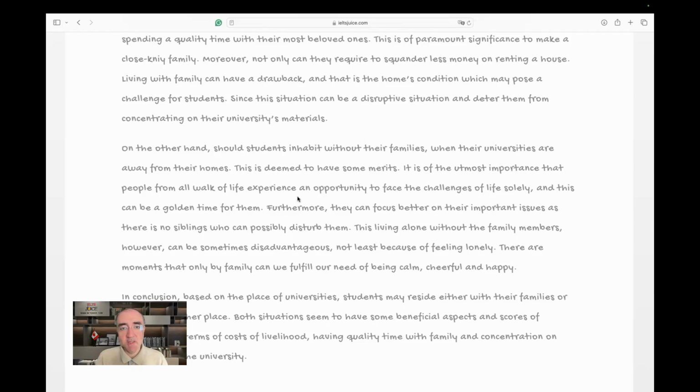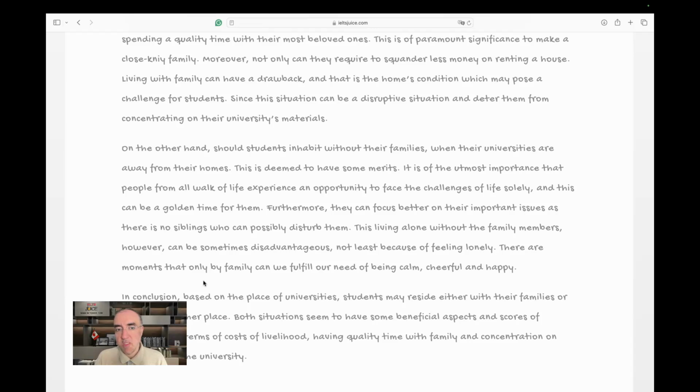This means it's not a healthy paragraph. Can be sometimes disadvantageous. Not least because of feeling lonely. I don't get it. Not because of feeling lonely. Okay, but because of what?